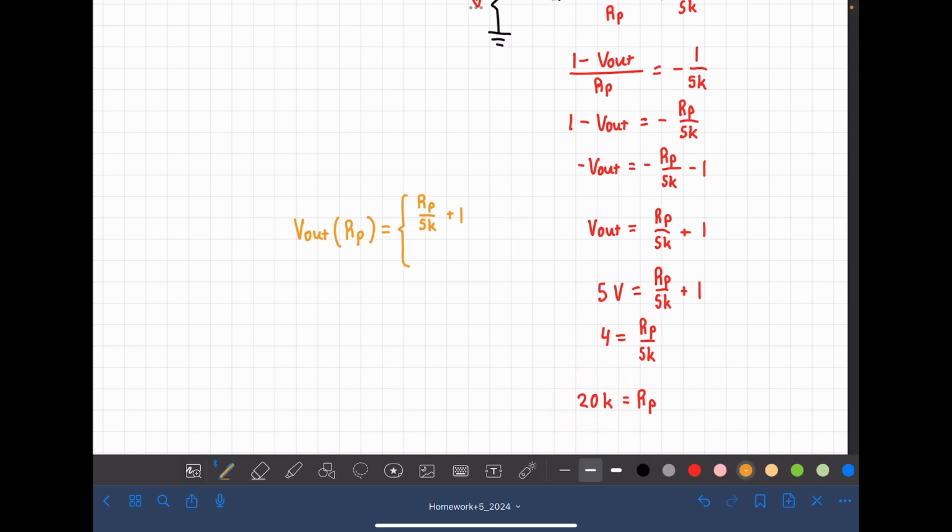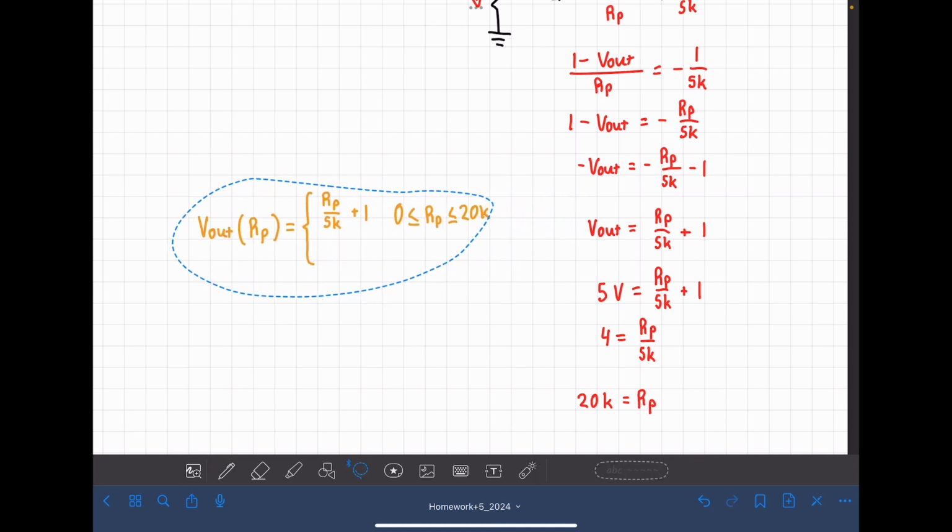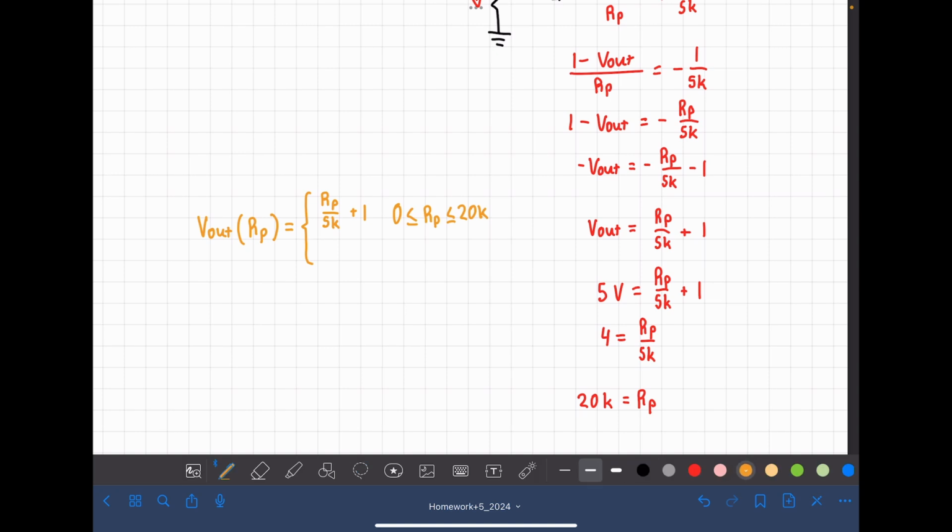So for 0 less than or equal to Rp less than or equal to 20k. And then whenever it reaches this upper limit where it's 5 volts, we can't output any higher than that. So it'll just be 5 for Rp greater than 20k. And that's our final function right there.